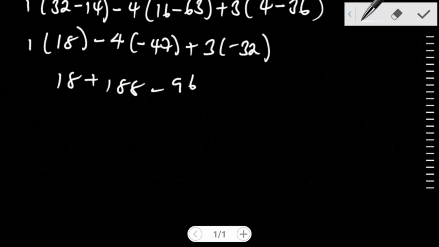When you do the overall operation, 18 plus 188 plus a negative 96, we shall have 110 as our determinant. So the determinant of A is equal to 110.